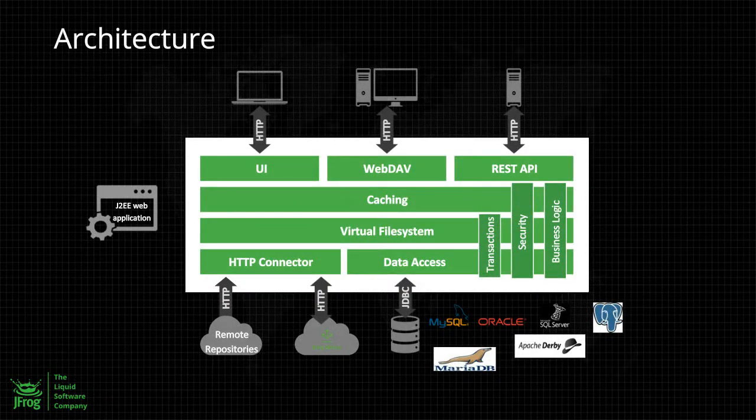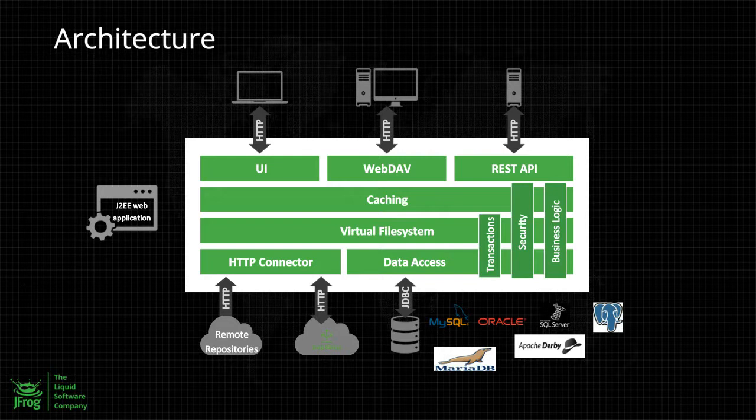So I will go pretty fast on this one. Just keep in mind, Artifactory is available through HTTP, HTTPS. There are 3 ways to communicate with Artifactory: through the UI, through WebDAV, there are still some companies using it, or REST API.